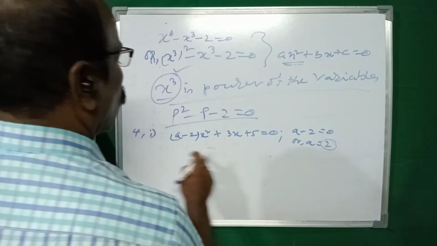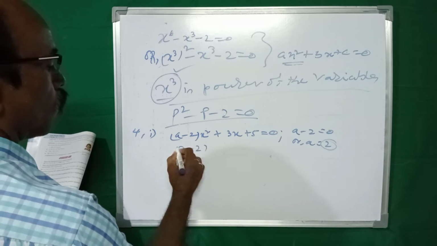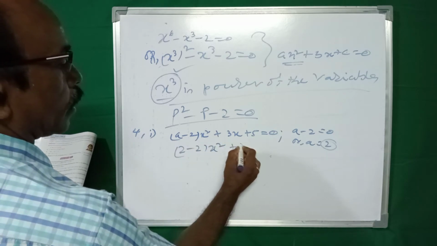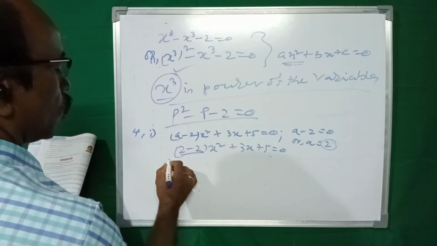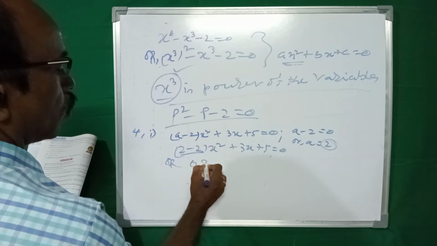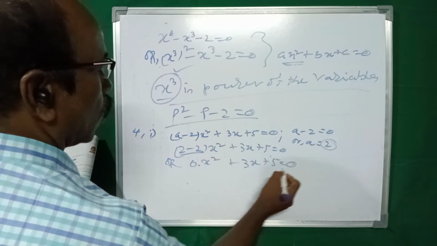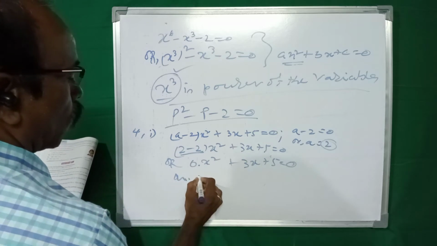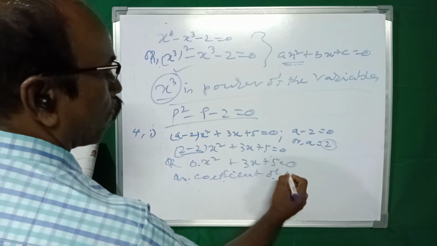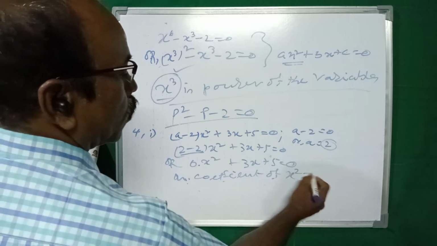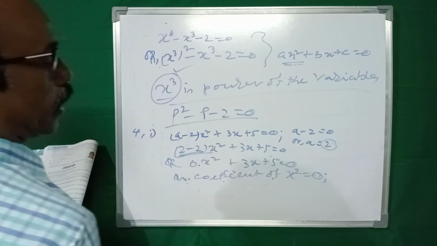If 2 is the value of a, then this becomes 2 minus 2 into x square plus 3x plus 5 is equal to 0. Now this is 0 into x square plus 3x plus 5 is equal to 0, as the coefficient of x square is equal to 0, so it will not be a quadratic equation.